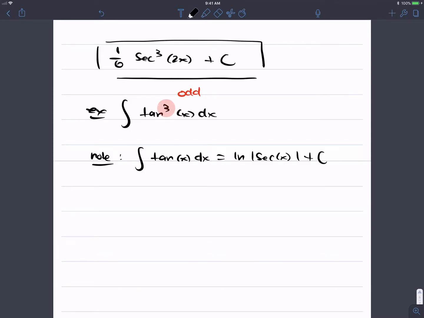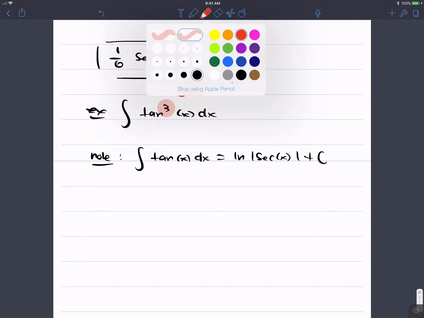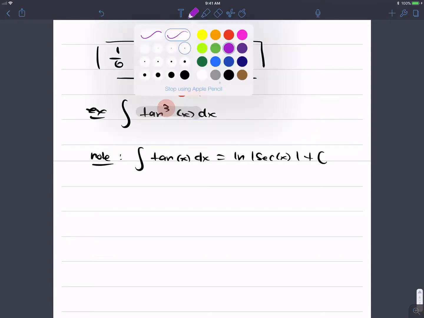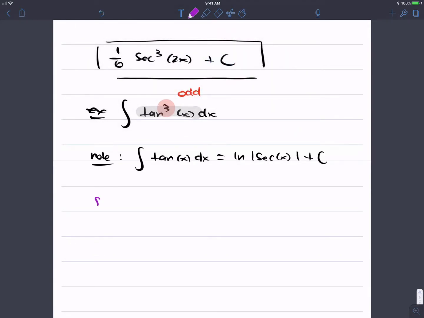We have a procedure that said, back to the original problem, to factor out from this original integrand a factor of secant tangent. But if there's no secant, we're going to have to just factor out tangent. So we're going to factor out a single tangent. What that gives us is tangent times tangent squared.